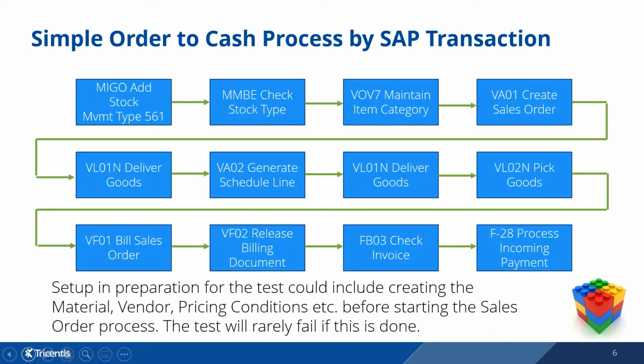And what I've actually seen, and I've done this in the past, is I've worked with customers where they start right at the beginning of the process, which is creating the material itself from the material master, then going along creating the vendor and all of the preceding master data that you need, just to probably start at a purchase requisition. And they may run like 15 transactions just to do the data setup.